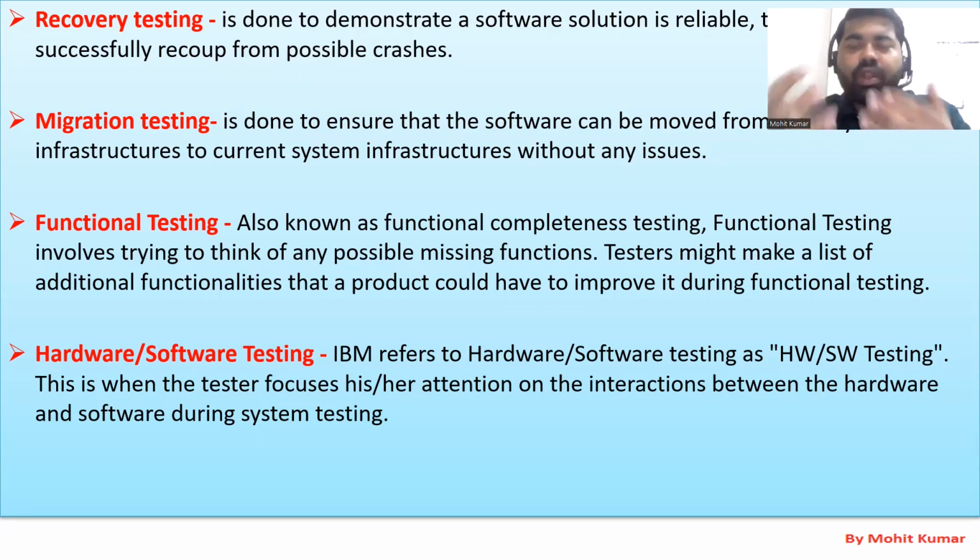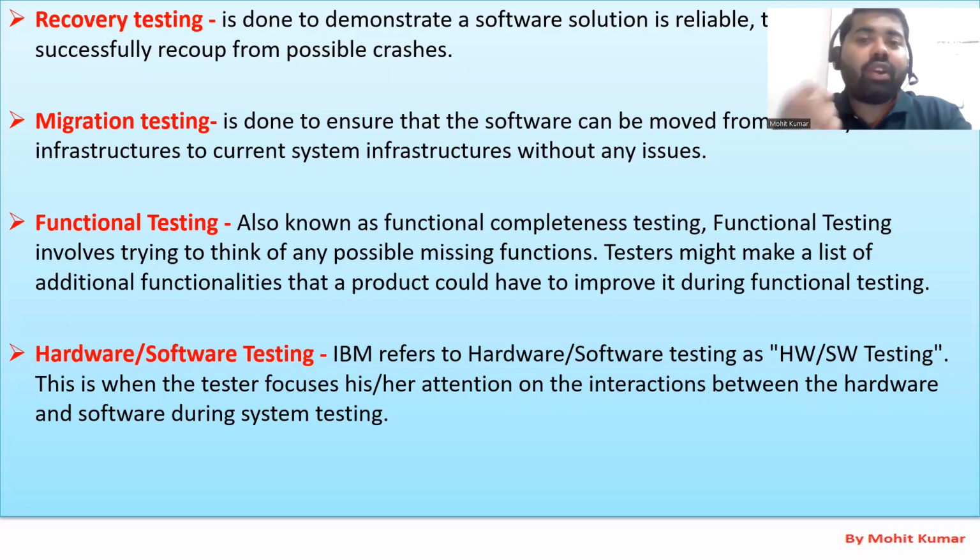If you have heard about embedded systems, right? From there we do hardware and software testing. Hardware is a hardware product, and in the hardware we have software. You can take the example of this system, or you can take the example of mobile, right?